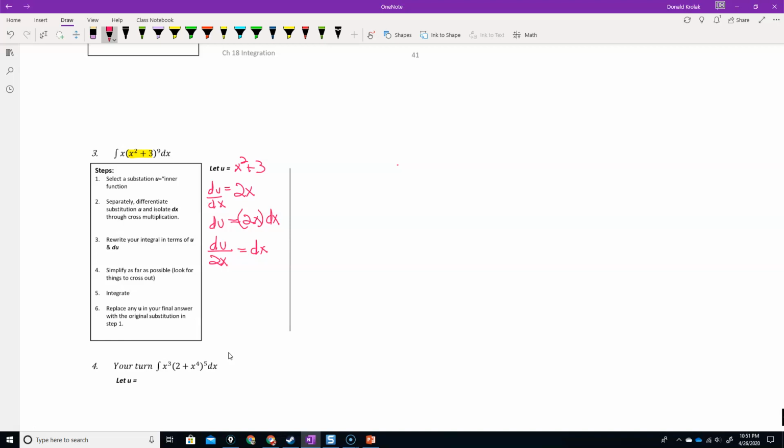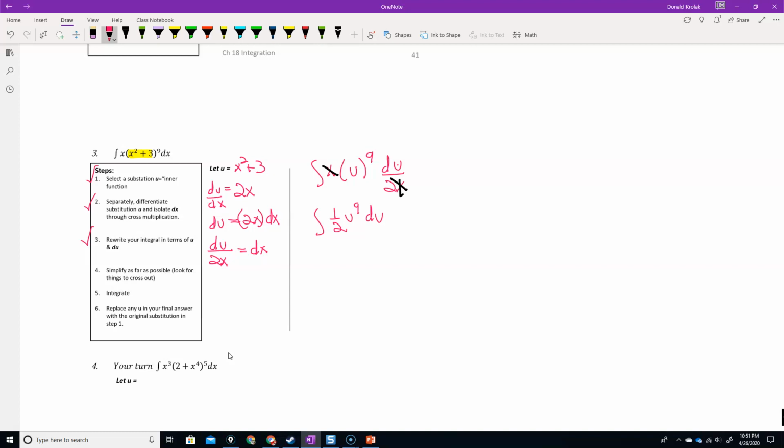And then I rewrite my integral in terms of u and du. This part right here that I just did, I'm sorry, is part 2. Now I'm going to rewrite my integral. So this is going to be x, but I'm going to write this as u to the 9th. And instead of writing dx, I'm going to put in du over 2x. It works out that that cancels the x out. So now all I'm integrating is 1/2 u to the 9th du.